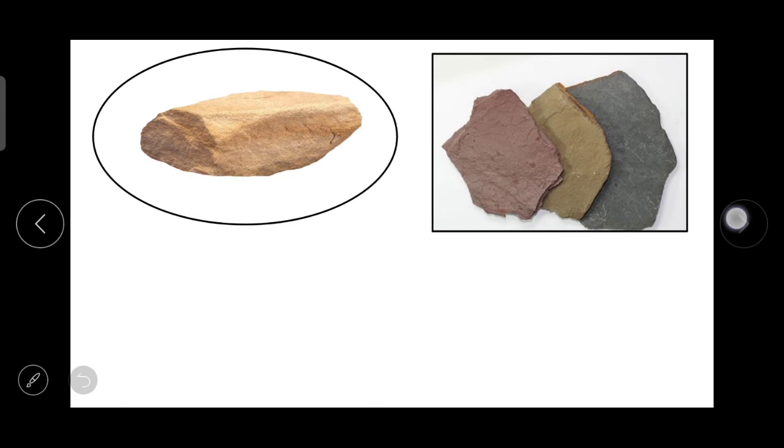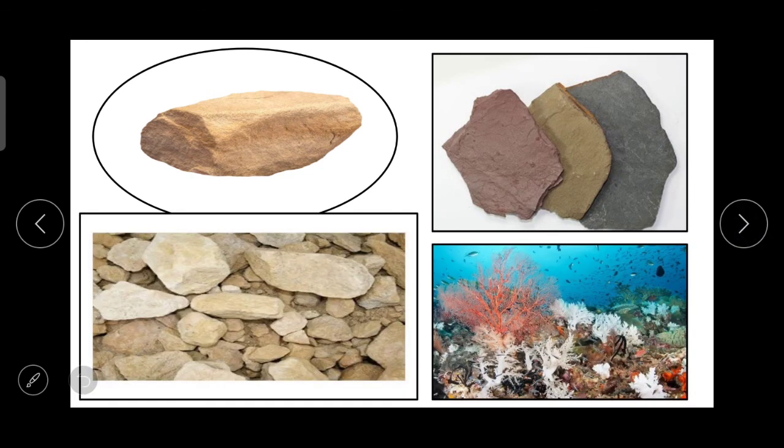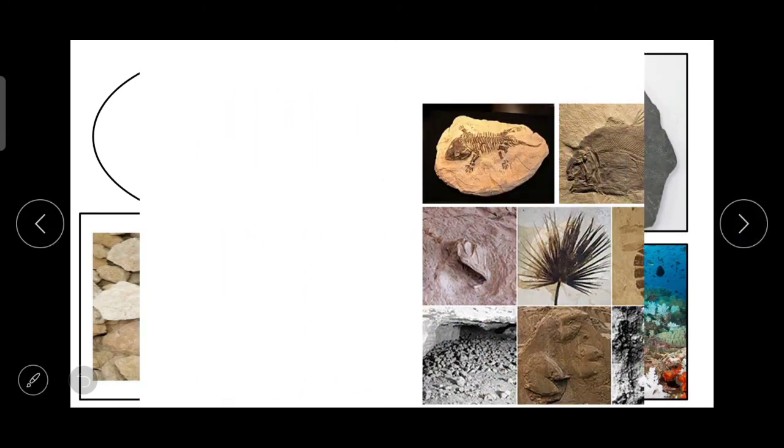And therefore, one may find fossils in sedimentary rocks, and sedimentary rocks are generally brittle and lightweight as compared to the igneous rock, which is heavy. Most of them are porous. Here on the screen, you can see the images of sedimentary rocks.